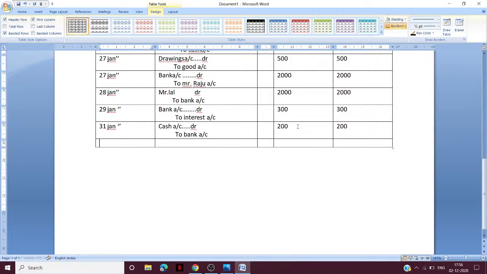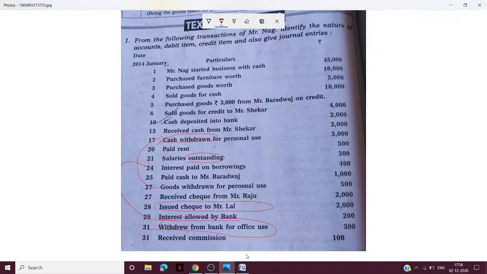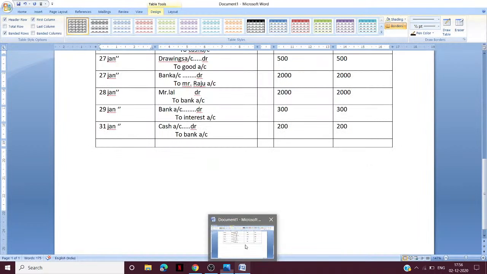Now the last transaction is on 31st January, received a commission. It is income. Always income comes under credit side.